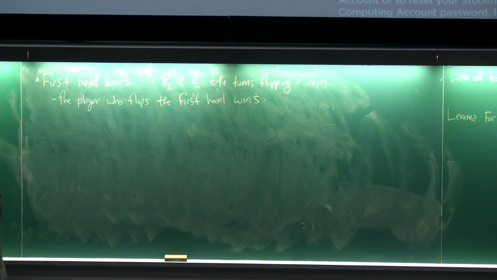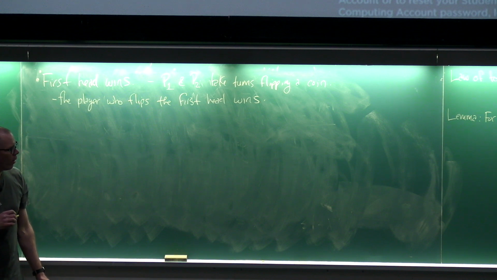So before we think about this game too deeply, which player would you rather be? Yep. Player 1. Why player 1? Okay, so player 1 gets to toss the first coin, and that coin comes up heads with probability 1/2, which means if it comes up heads that time, player 1 wins.